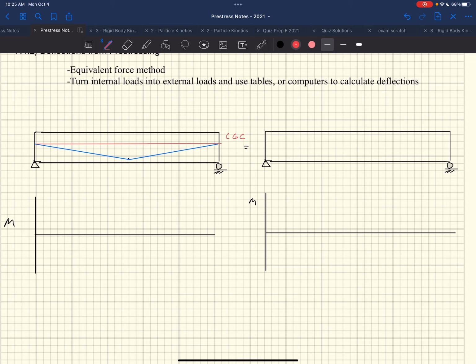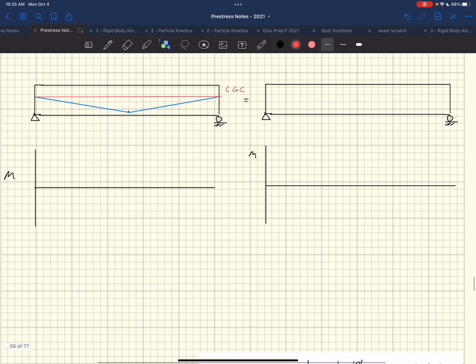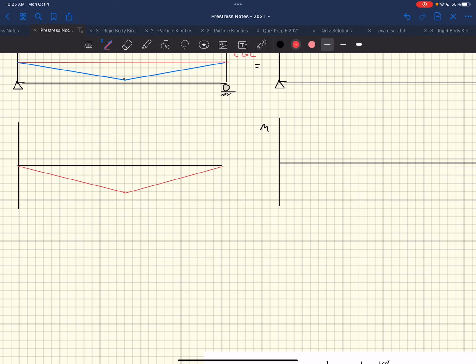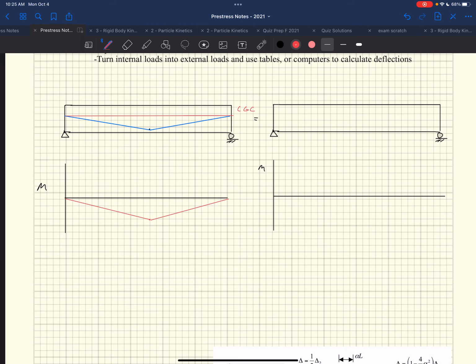The moments that this thing would cause are negative moments, because it's going to be causing compression at the bottom and tension at the top. It would start out at zero and go to an ultimate value like this. That's the moment diagram for that.